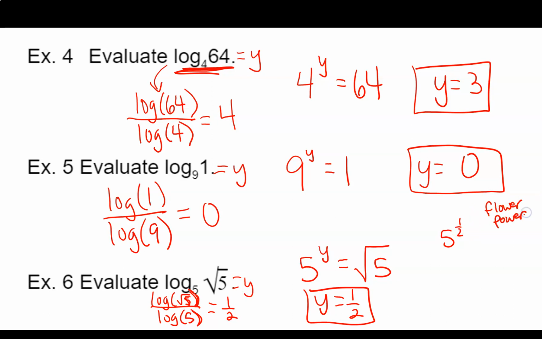I think of this flower growing out of the ground where the roots hold the flower into the ground, so the denominator is the root, and the numerator is the power. So if I wrote this out, it would be a square root of 5, a root of 2, and then it has a power of 1. So that's why that works.